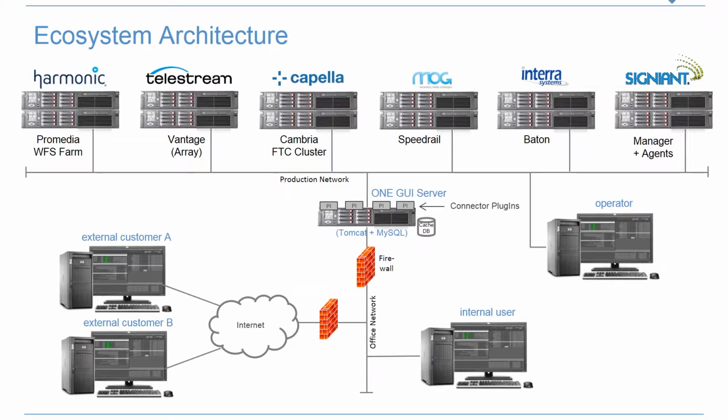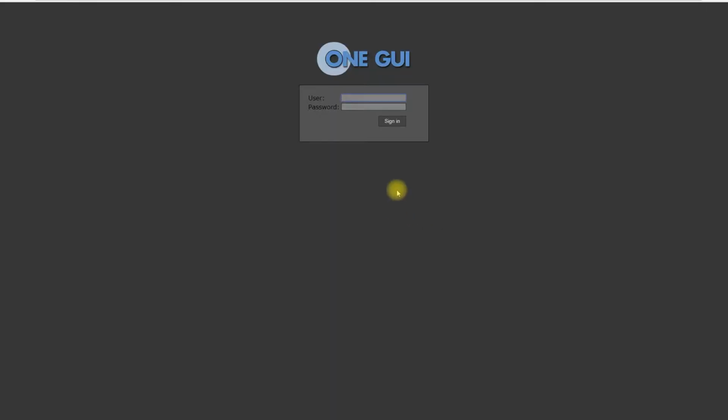Now let's log on to OneGUI. OneGUI requires the user to authenticate. I will use my admin user. Obviously, this will give me the superset of all functionality that I want to show you. On the left-hand side, we've got a long list of jobs.